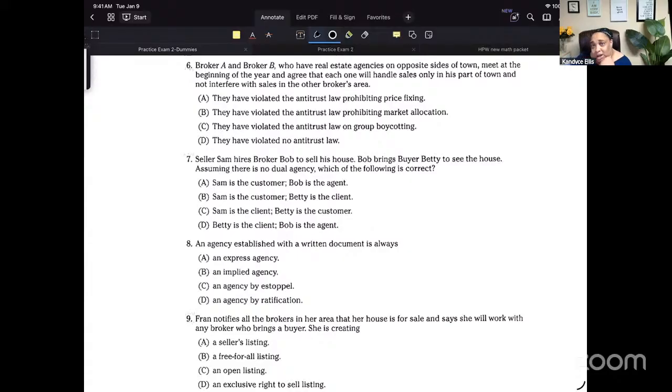C, they have violated the antitrust law prohibiting market allocation? D, they have violated the antitrust law on group boycotting, or E, they have violated no antitrust law?